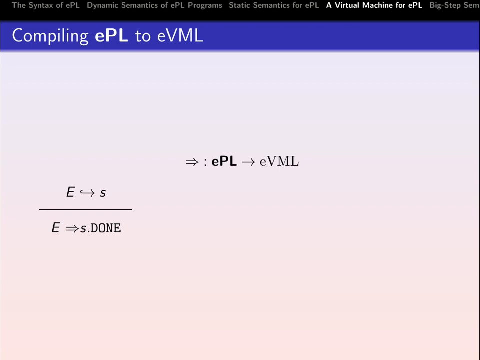If E compiles to S, and we're going to call the curly brace arrow fragment compiles, then E completely compiles to S.done. What's the role of done? The role of done is to establish the fact that whatever is at the top of the stack is the final result of the computation. So this is again a little prop that ensures that everything finishes.